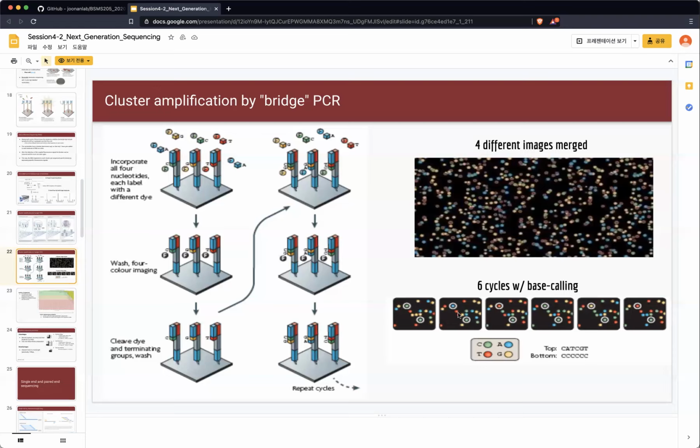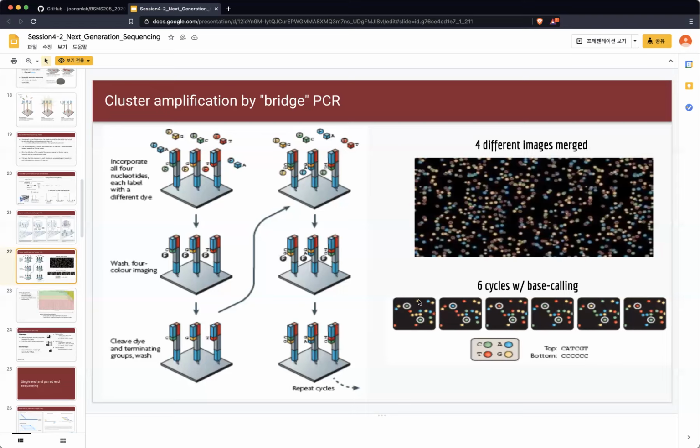And the second cycle will be A. So this is actually the first cycle is C, and the next one is the A, right? So it's not pictured on here. So this is a C, A, and the third cycle, the nucleotide is T. And the fourth one is C, and G, and what is that? The T, right? So the DNA sequence of this strand is C, A, T, C, G, T, right?